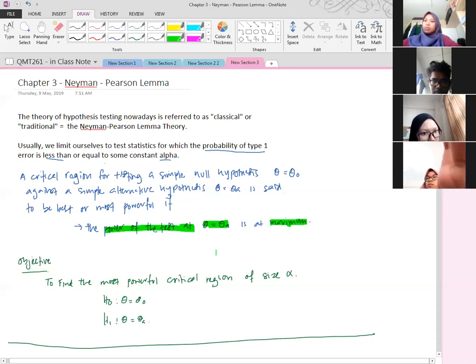The objective of this topic is to find the most powerful critical region.